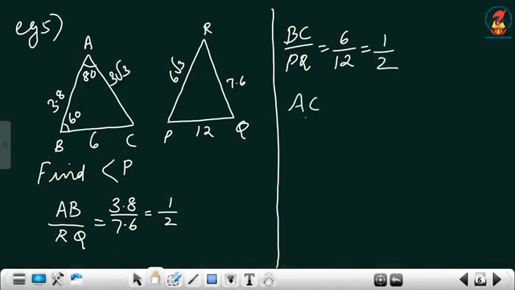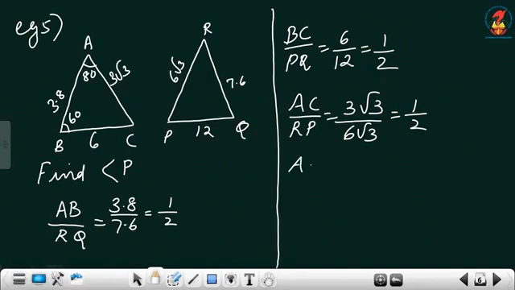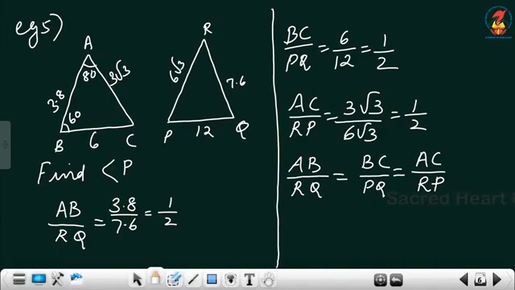And AC by RP is equal to 3 root 3 by 6 root 3, which is equal to 1 by 2. So what we got is all the sides are in proportion. That means AB by RQ is equal to BC by PQ is equal to AC by RP. This means that both the triangles are similar using SSS criterion.